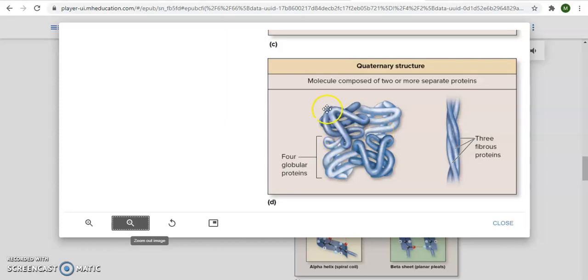Here's one, they call it a polypeptide. So here's one tertiary protein structure, here's a second one, a third one, a fourth one. Then they all come together and form covalent bonds with each other, and they become a whole protein. And this is the quaternary structure. So it contains 2 or more of the tertiary structures.